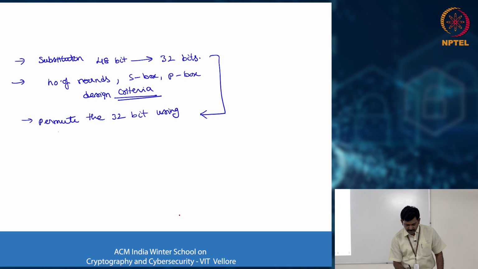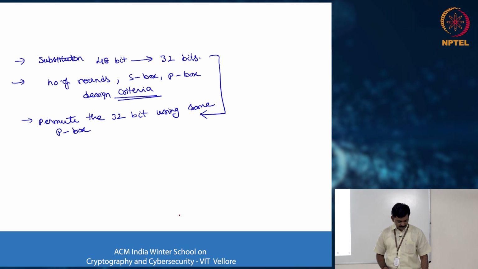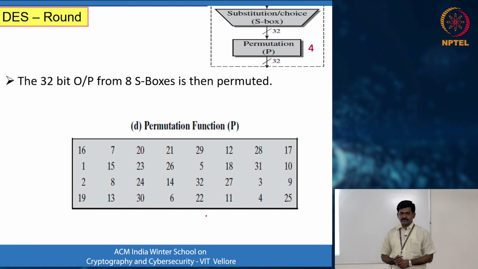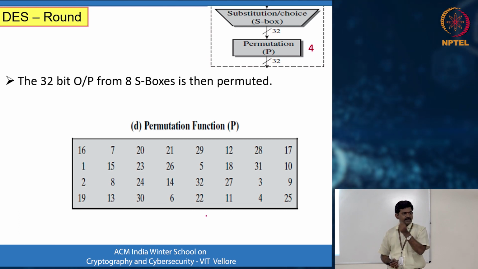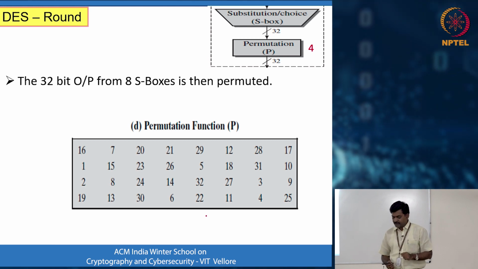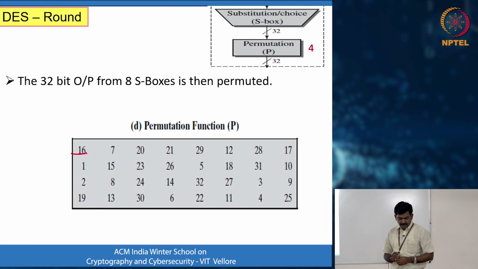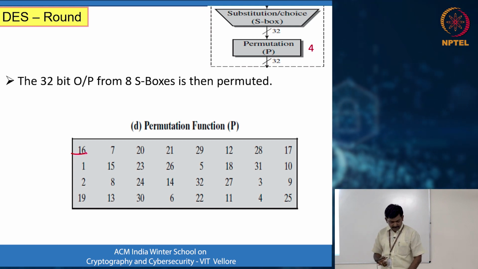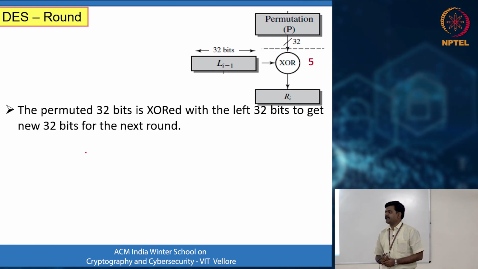You need to use a P box, called the permutation function box, which indicates, look, bring this particular bit and put it here. So what would be the first bit? The 16th bit is becoming the first bit. The 7th bit is becoming the second bit. The 20th bit is becoming the third bit, and so on. The P box is indicating the bit locations for the operation.